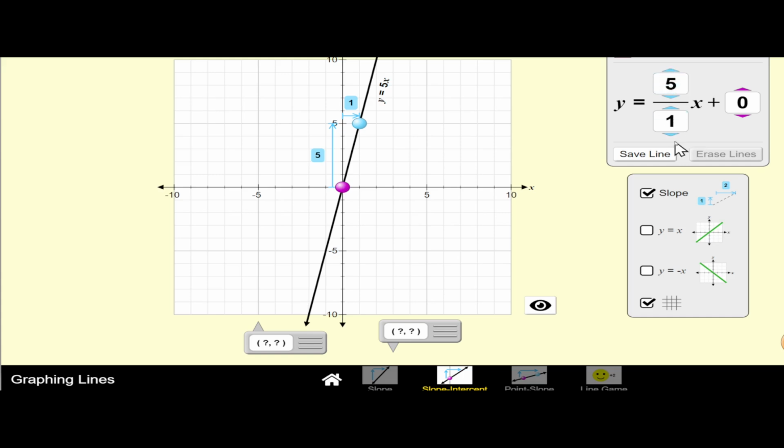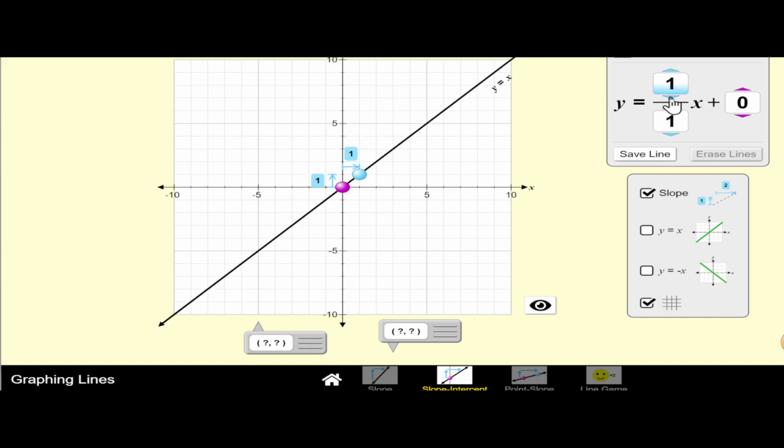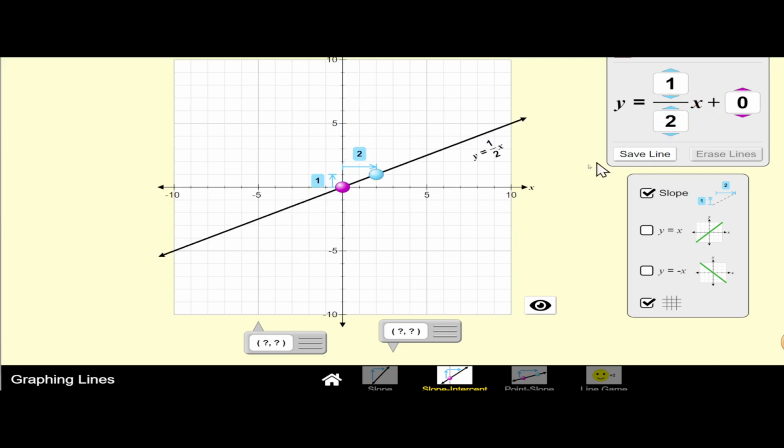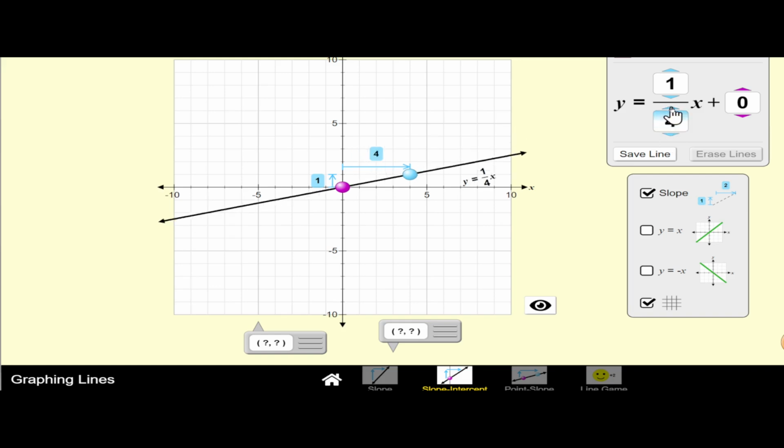What if, though, it wasn't a whole number? Say if the gradient was a half. Notice what happens there. As the number gets closer and closer to 0, it gets more and more shallow.